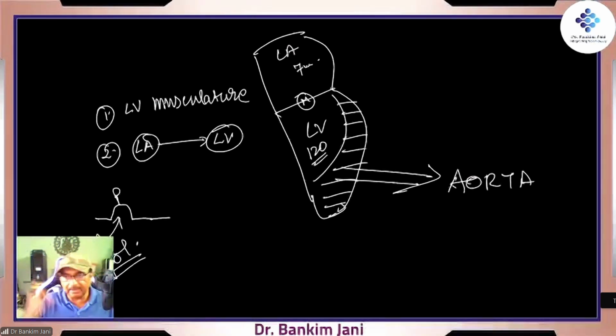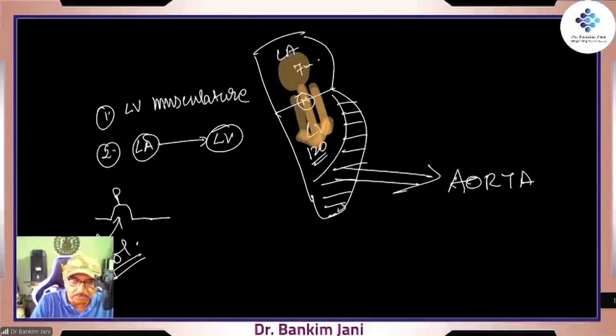Electrically nothing is happening, but mechanically so many things are happening. Because the left atrium has contracted, the blood which was present over here is now getting pushed into the left ventricle. The left ventricle is getting filled. It needs time.